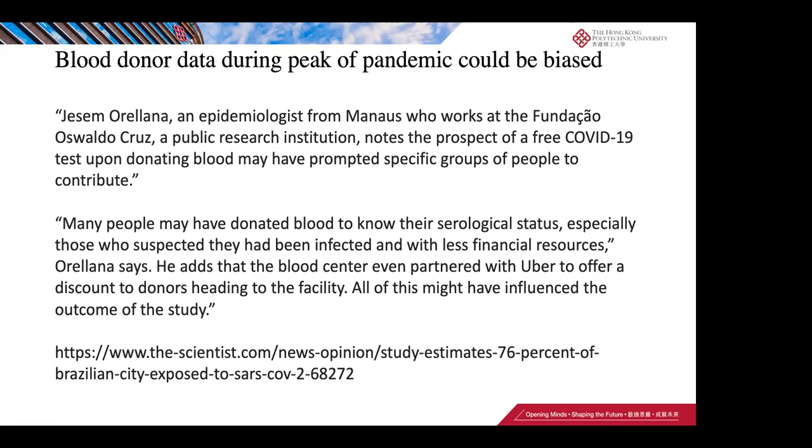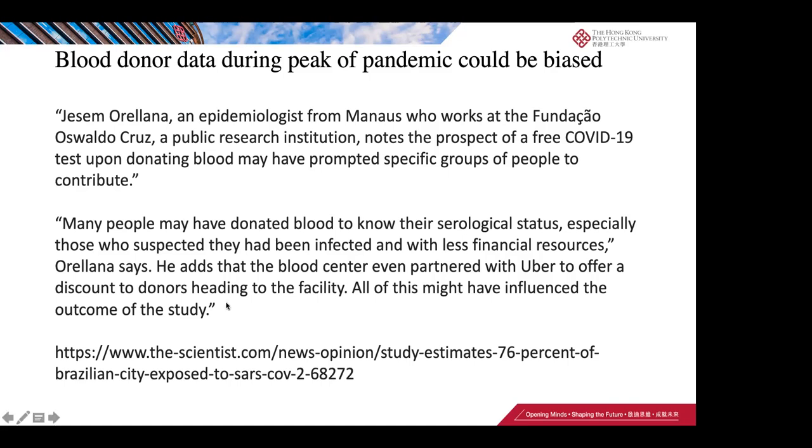It's a very cheap way to infer the population, but you need to seriously consider the situation. On other days, I think it is a very good sample, but during the peak of the pandemic, there are many factors. Those people are motivated. They probably have a higher risk of infection, and cannot be representative of the general population.